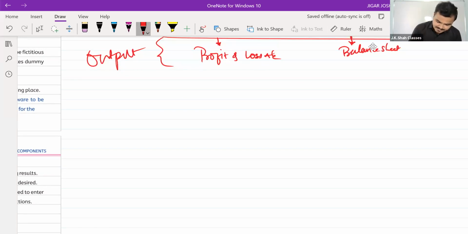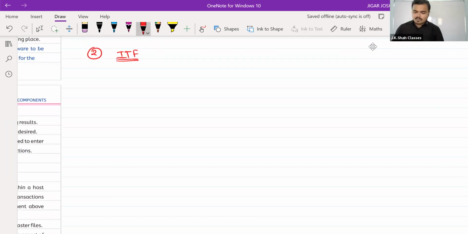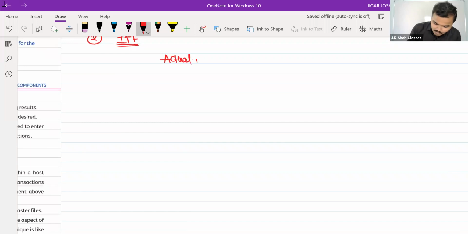Yes, second method, which is also called the ITF method, integrated test facility. What does the auditor have to check here? Sir, the auditor has to check whether the system is producing the best outcome or not. For that, the auditor needs to do a very simple thing. Along with the actual, genuine transactions, the auditor will add some fake transactions.